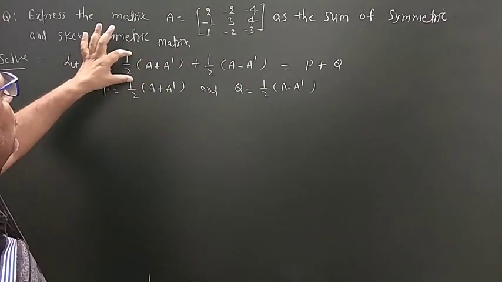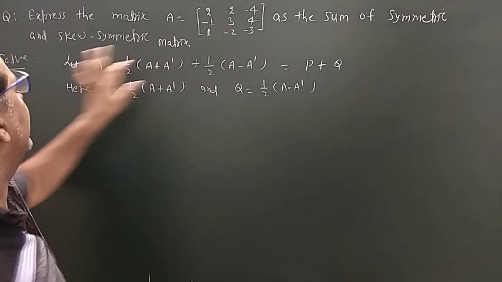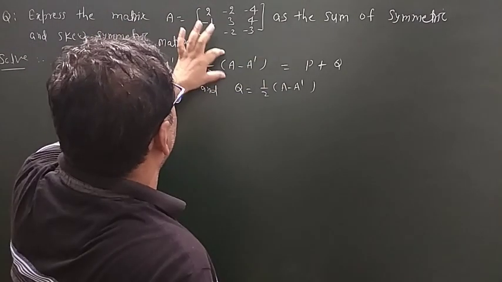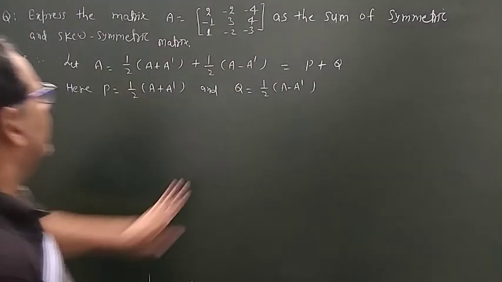If we take 1 upon 2 common, after adding this we get only A. Assume this matrix as P and this matrix as Q.